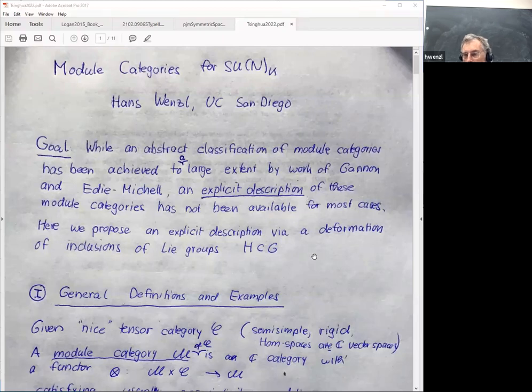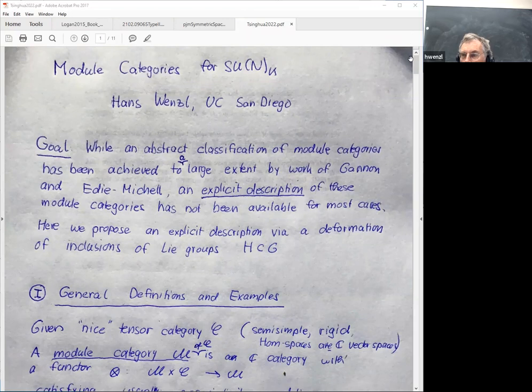The point of this talk is that for a large class of these module categories, we can use the combinatorics known for certain embeddings of Lie groups to describe this. Of course, it will not be the same, but it will be related. So that's the very rough outline.